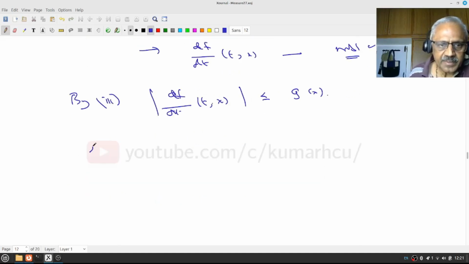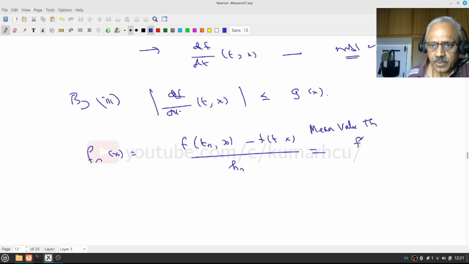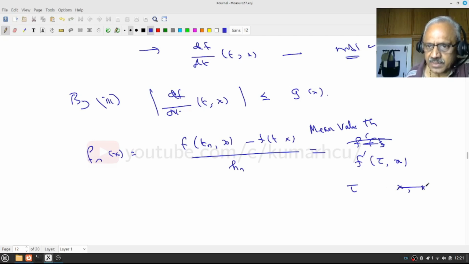But remember, my fn of x, which is f of tn x minus f of tx by hn, by mean value theorem equals some f dash of xi, let me call it f dash of tau x, where tau lies in the interval between t and tn, and also this tau depends on n and x.